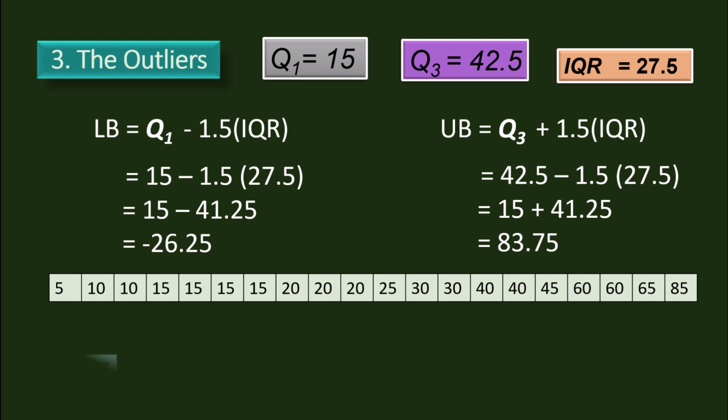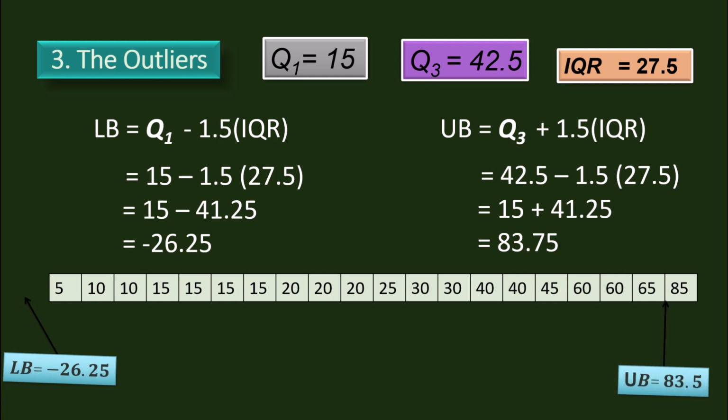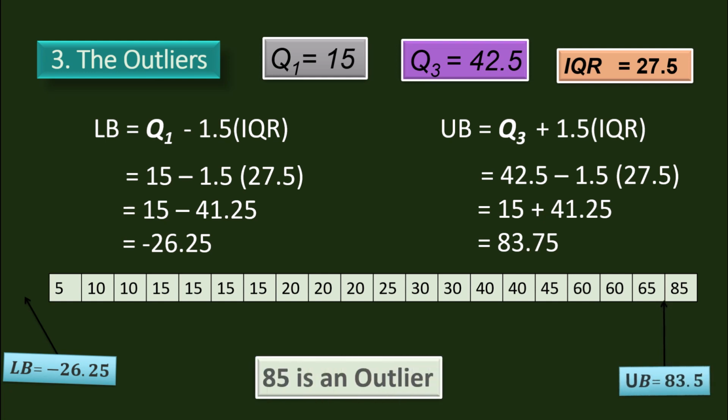The lower bound is negative 26.25, so there are no numbers below the lower bound. Therefore, no outliers below the lower bound. How about the upper bound? It is 83.75. We have one observation above the upper bound, that is 85. Therefore, 85 is an outlier.